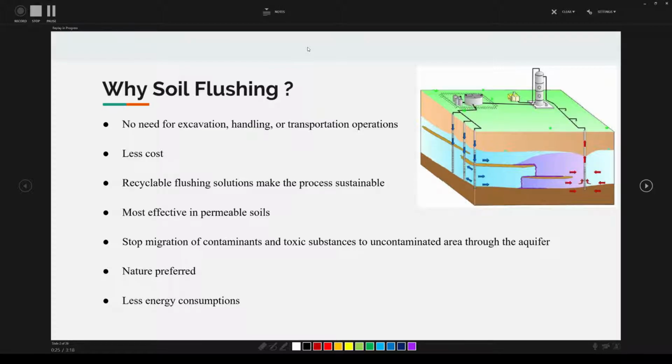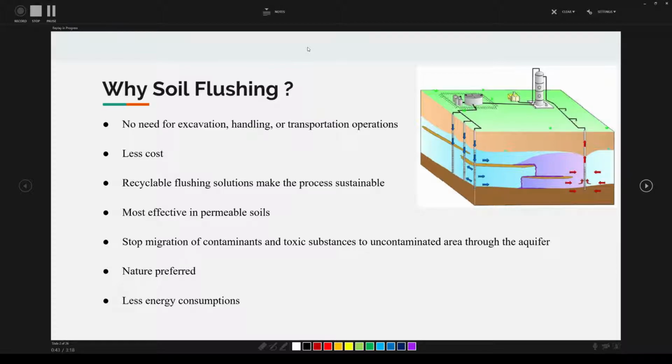As you can see here, the blue arrow means the flushing solution will be injected by the injection well into the ground, and the down gradient will drive the solution to the contaminant site.